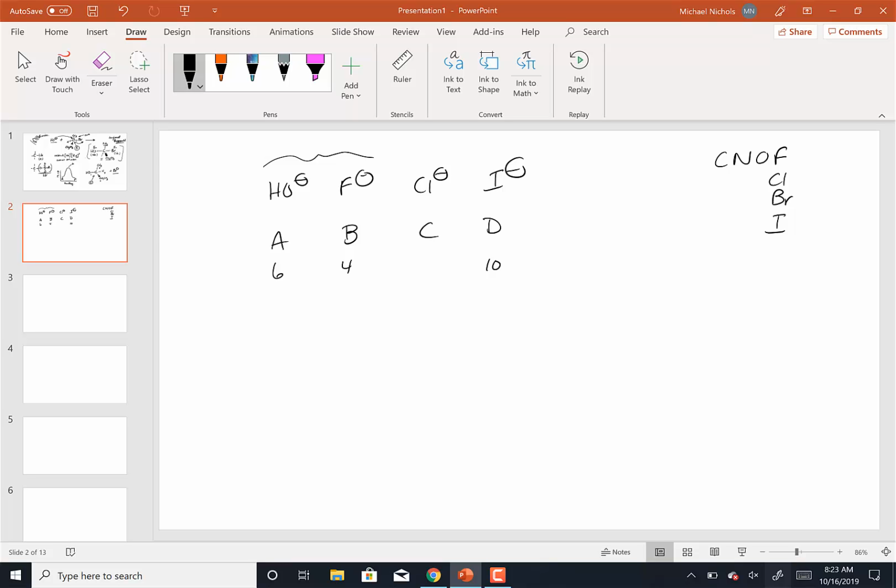Here we'll revote. Your choices are A, B, and C will be don't know, don't know how to tell. So of hydroxide versus fluoride, which one is a better nucleophile? Hydroxide, fluoride, don't know.